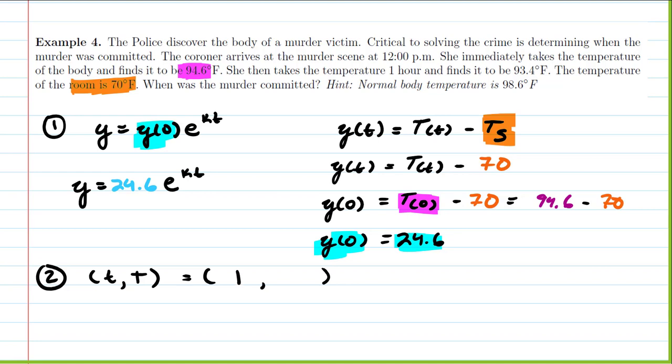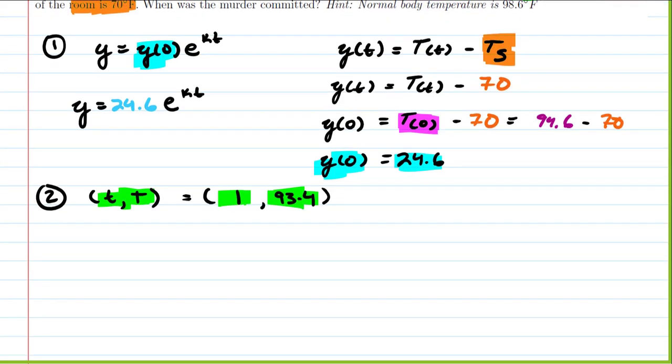So 1 and 93.4. But the problem is, in our model, we have y's, we don't have T's, right? So we must convert from T's to y's.